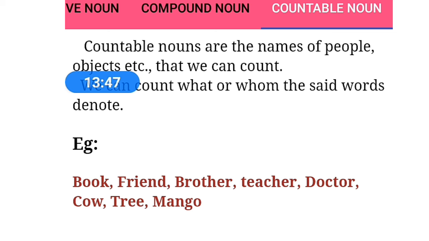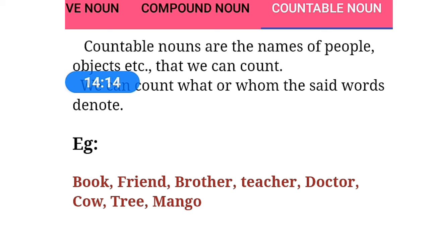Don't think about finishing the counting. Like stars, we can start counting 1, 2, 3, 4. Therefore they are countable nouns. Don't think that there are infinite stars and we can't count them. We can start counting, so it is a countable noun.